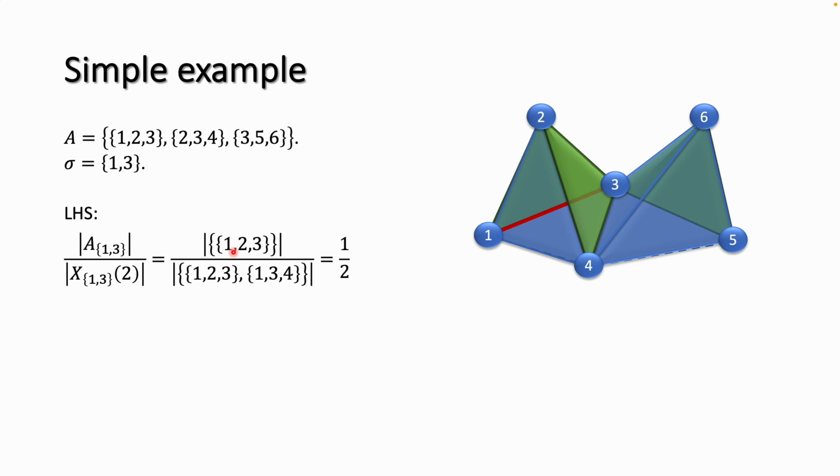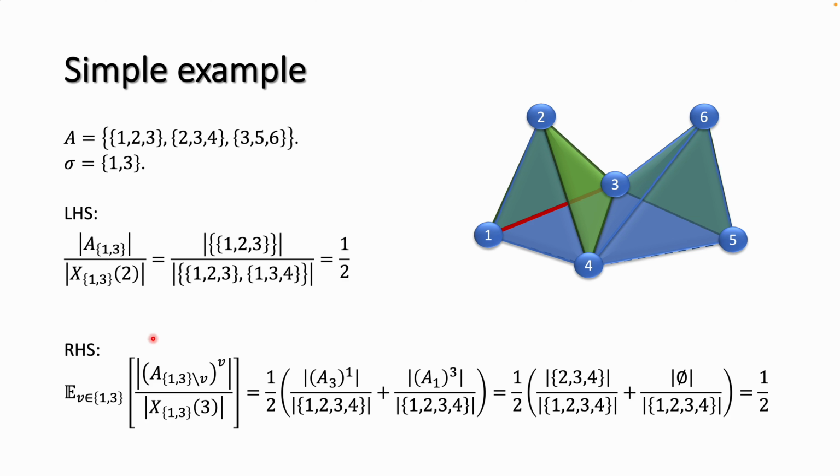It's only this triangle 1, 2, 3. So only this triangle in A contains this edge 1, 3. And there are two possible triangles that contain this edge, so it's half, right? So the left-hand side in this example is half.